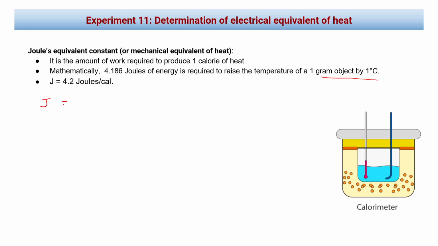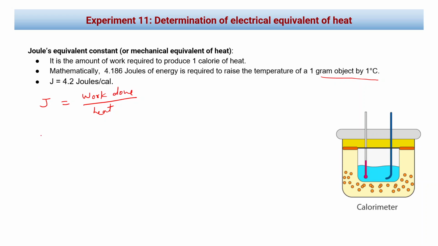So this J can be defined as the ratio of work done and heat generated, and the work done could be mechanical or electrical.